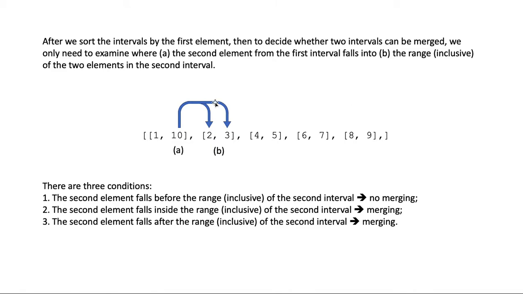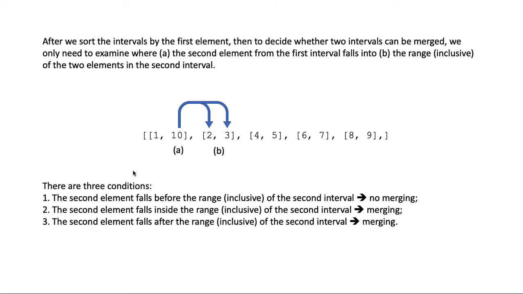After we sort the intervals by the first element, then to decide whether two intervals can be merged, we only need to examine where the second element from the first interval, which is the A here or the 10, falls relative to the range of the two elements in the second interval, which is B here, or 2, 3, this range.